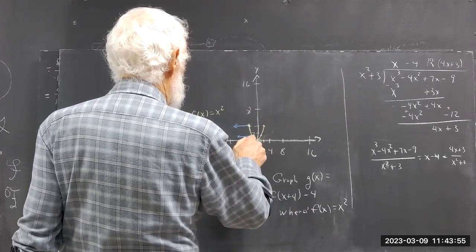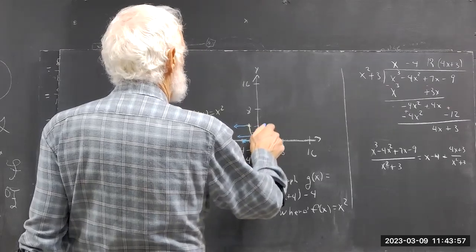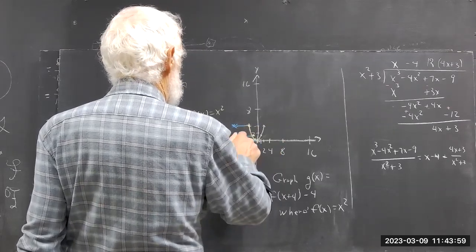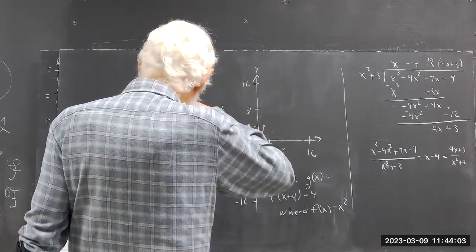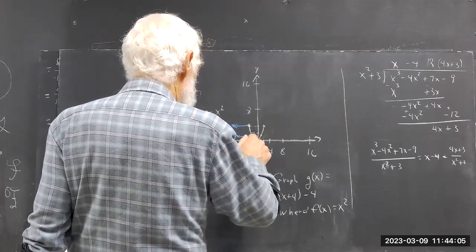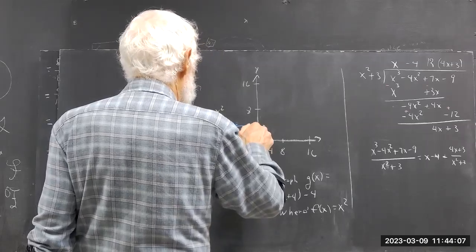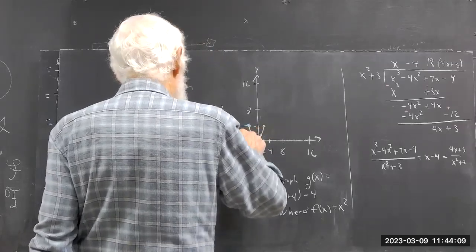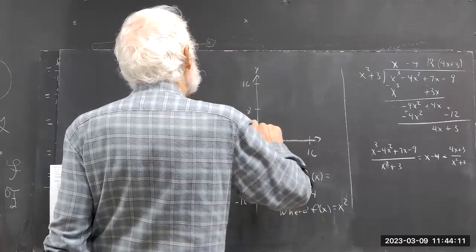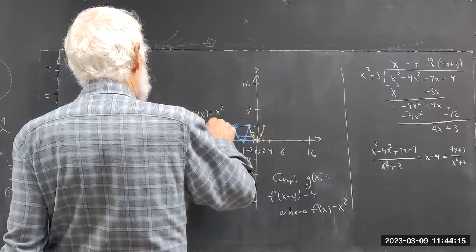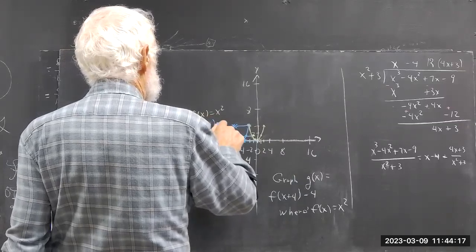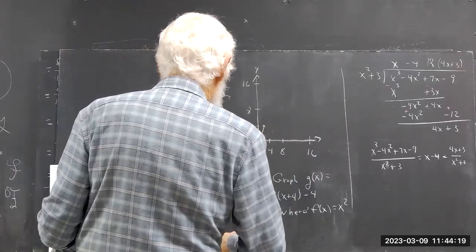This point here. And it's going to move these points as well. And I'm going to end up with points here, here, here, here and here. So here's my f of x plus 4 graph.